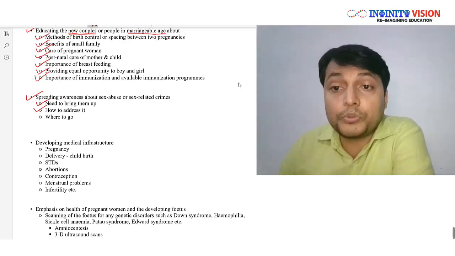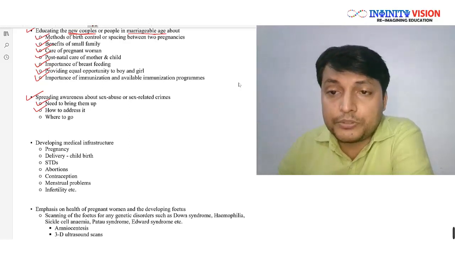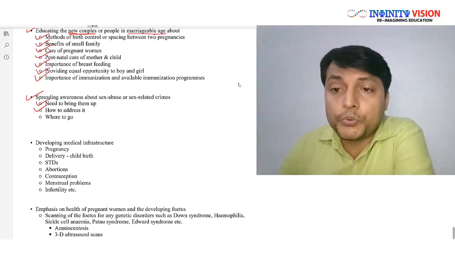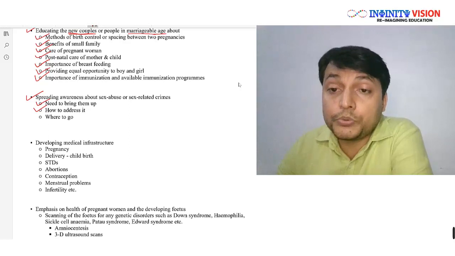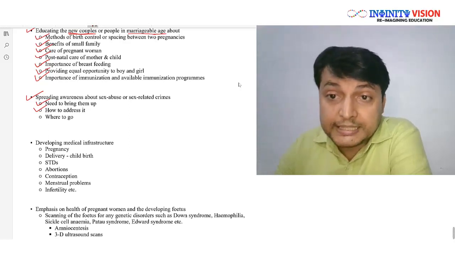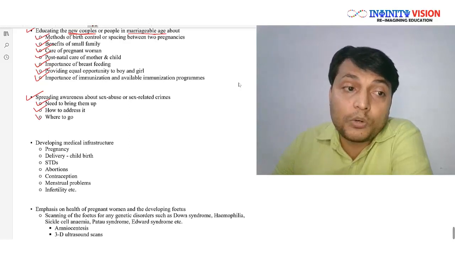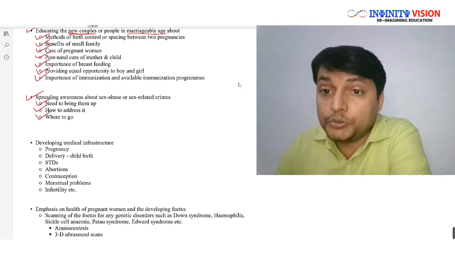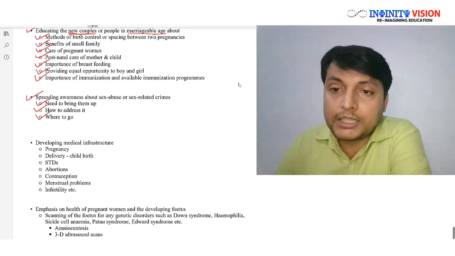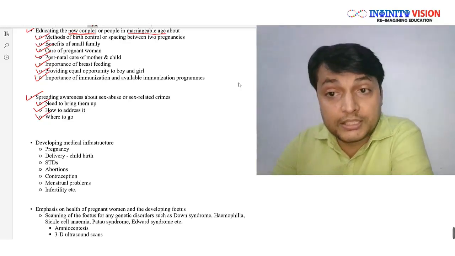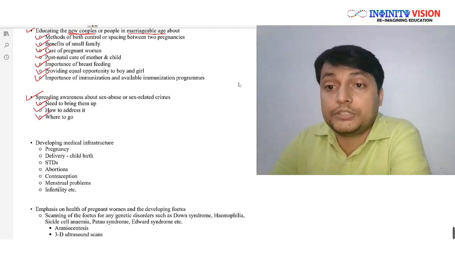So how to address such problems, how to address sexual abuse, how to get over it, how to stop it or to prevent it, ये सारे methods उनको बताए जाते हैं. और अगर ऐसा हो रहा है तो where to go, how the government can help. ठीक है, तो ये सारी पूरी इंफॉर्मेशन भी दी जाती है about sexual abuse or sex related crimes, and it is very very important.